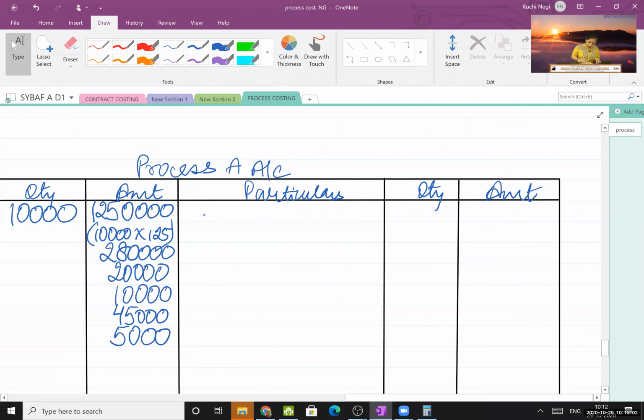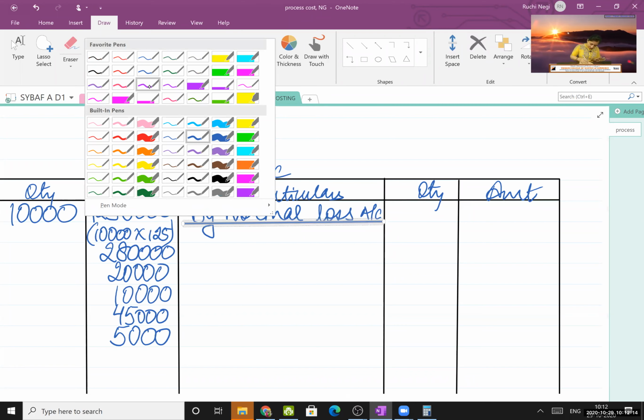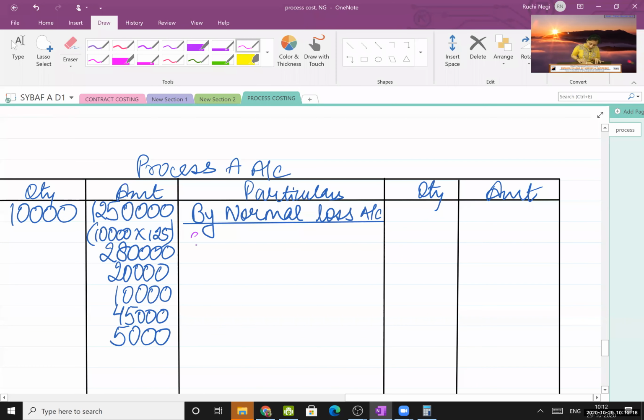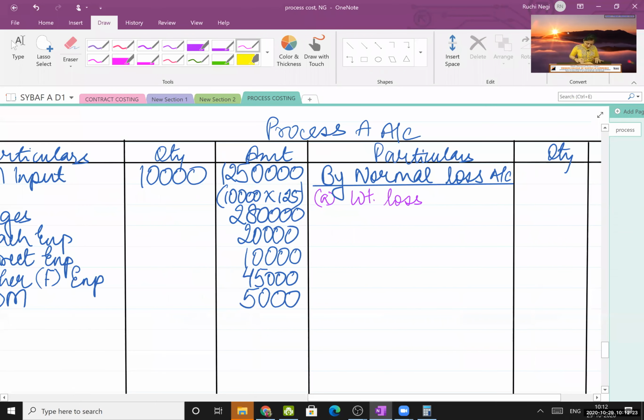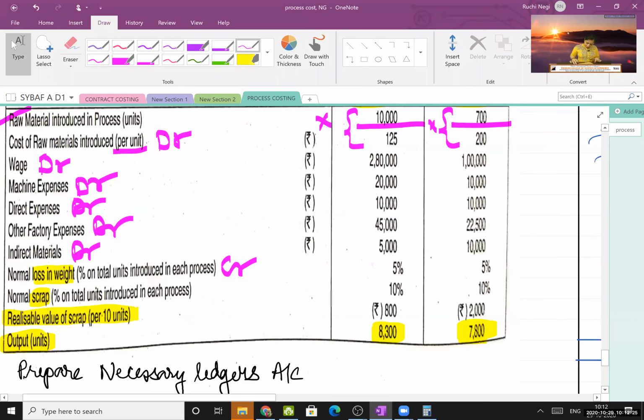Then by normal loss. Okay. So normal loss में in this sum I have both: weight loss और loss in weight लिख सकते हो. कितना बोला है? 5%. Okay.